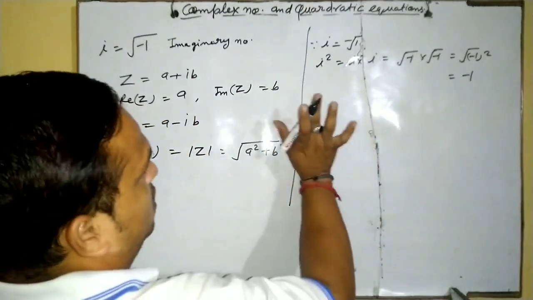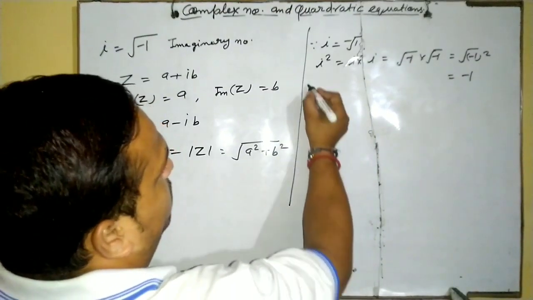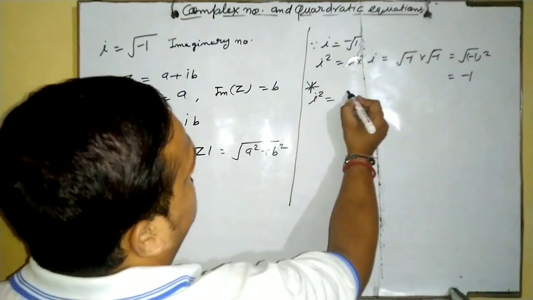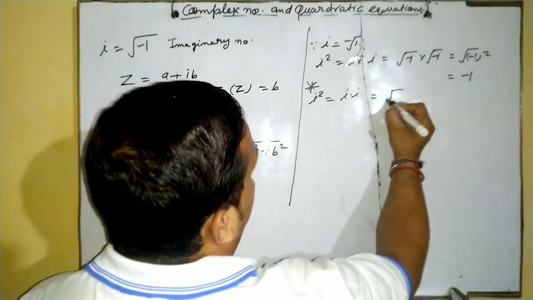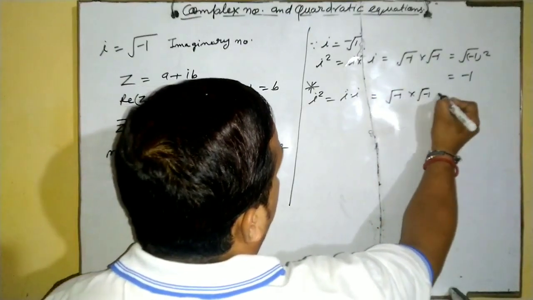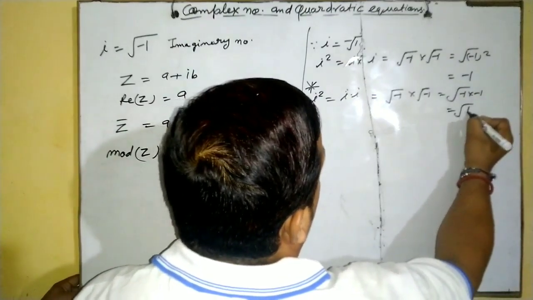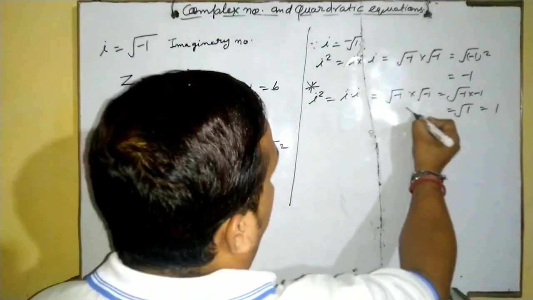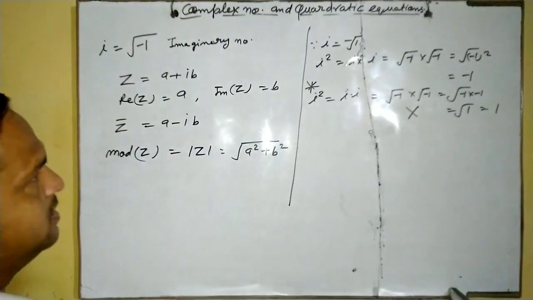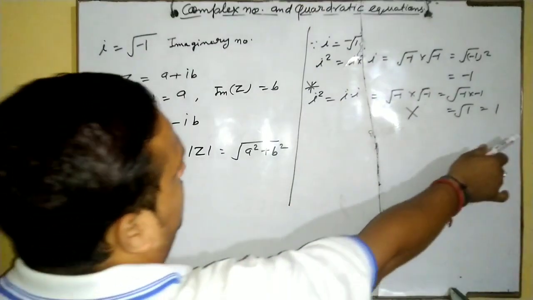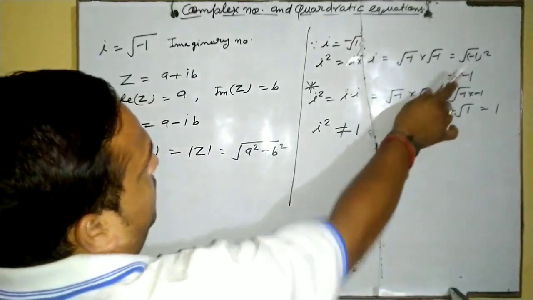Here the rule of multiplying under the root, giving 1, is not a particular case. It follows only for real numbers, not for imaginary numbers. So i square is not equal to 1; this will be minus 1.